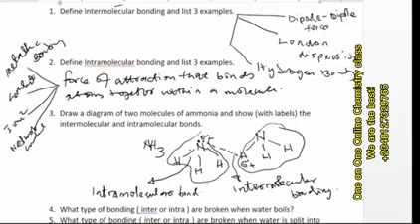Here we are only told to draw the diagram and show the intramolecular and intermolecular bonding. What connects the hydrogen and the nitrogen in the formation of ammonia itself as a molecule is the intramolecular bond.